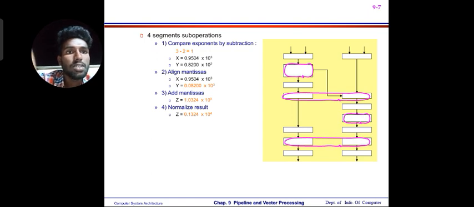Add mantissas: Z equal to 1.0324 times 10 to the power of 3. Normalize the result: Z equal to 0.10324 times 10 to the power of 4. Show the algorithm in this problem.